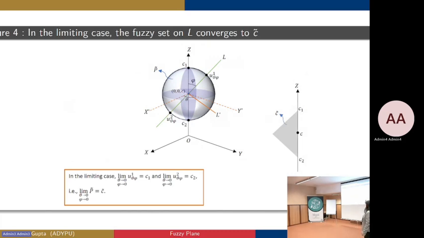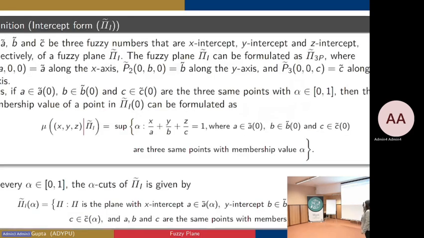Suppose there are fuzzy points, and in the limiting case theta tends to 0 and phi tends to 0. Then the whole collection of fuzzy numbers converges to the fuzzy number along the x axis, y axis or z axis. So this is the definition of the intercept form of the fuzzy plane.